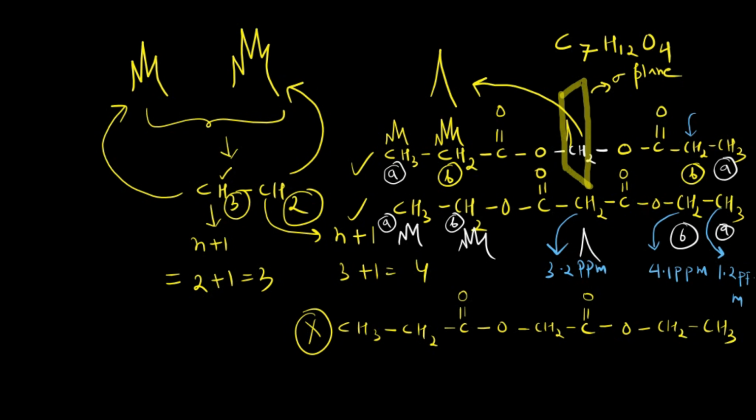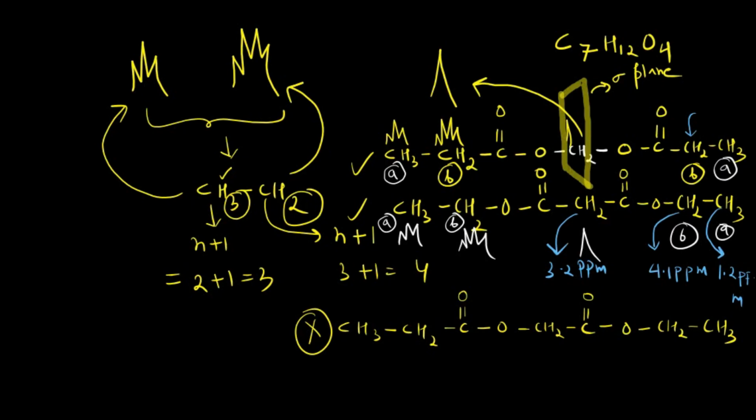This quartet is appearing most downfield at 4.1 ppm. When this CH2 is connected to the carbonyl group, it is also electron withdrawing, but not enough to shift this quartet way downfield to 4.1 ppm.